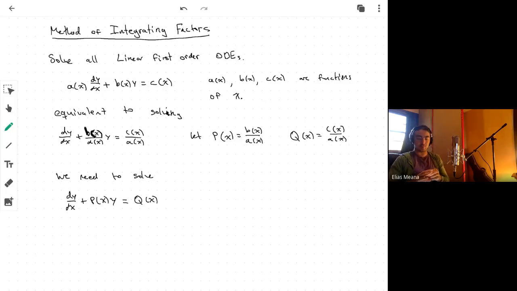We haven't even started solving it yet, but these are two equivalent problems, and the second one is much easier looking. As long as we can write any linear first order ODE in this form, we're going to be able to solve it by the end of this lesson.